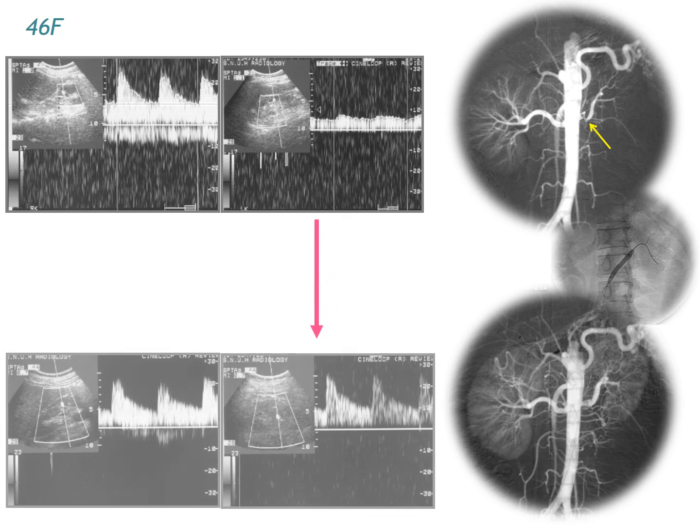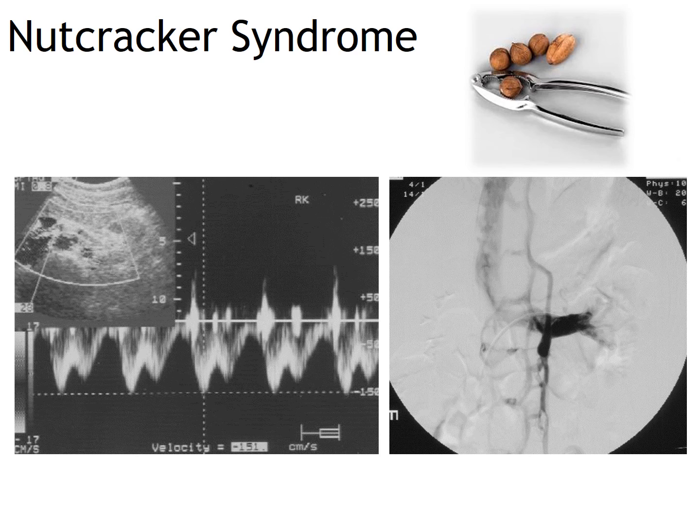And follow-up Doppler ultrasound shows a normalized spectral pattern on the left kidney. Another renal vascular disease where spectral Doppler ultrasound may play an important role is nutcracker syndrome or renal vein entrapment syndrome. I will talk on this topic in a separate session.